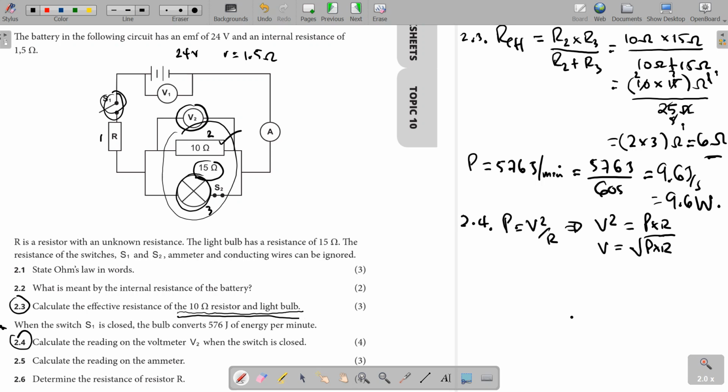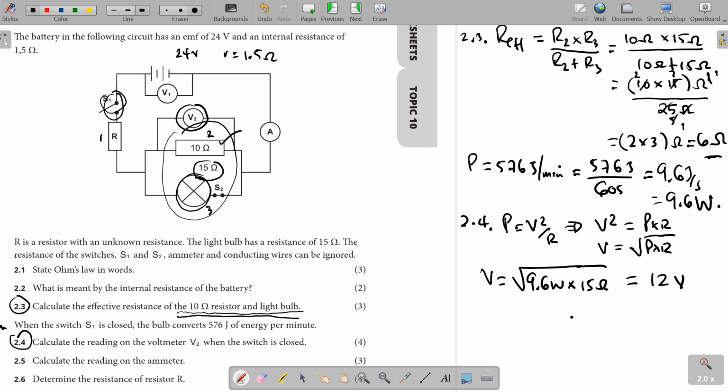Okay, so from there, we need to substitute everything. So V will be equal to the square root of, the power is 9.6 watts multiplied by, the resistance for the bulb is 15 ohms. When you manipulate everything, you'll get a voltage of 12 volts. Okay, that will be your voltage.